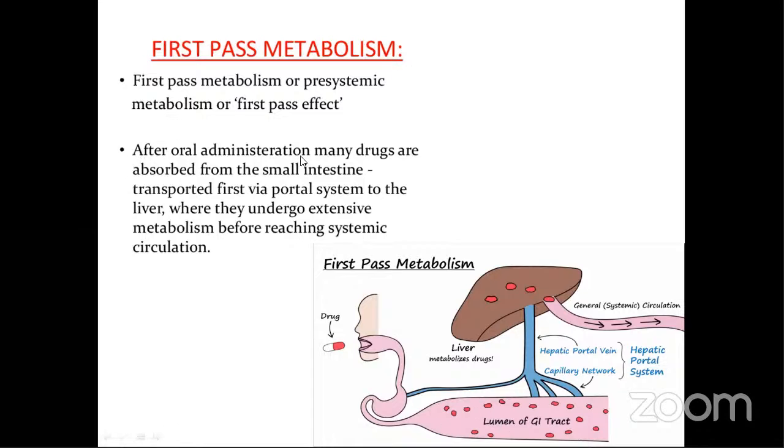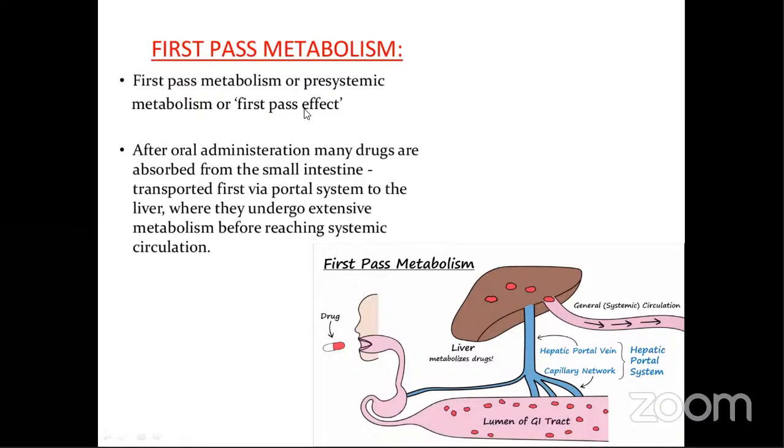It is written: after oral administration, many drugs are absorbed from the small intestine and transported via the portal system. The hepatic portal system is there. This is the portal system to the liver, where they undergo metabolism before reaching the systemic circulation. So some of the drugs are metabolized before reaching the systemic circulation.